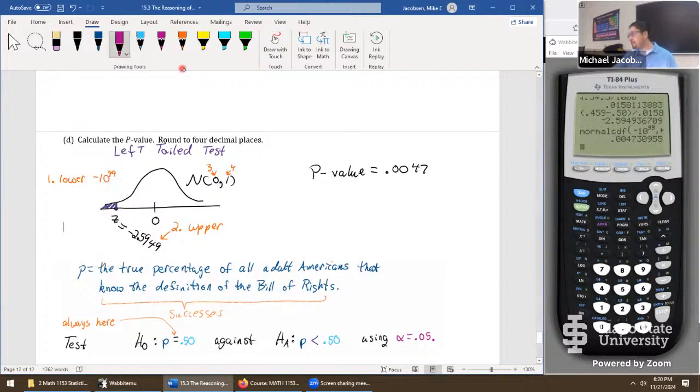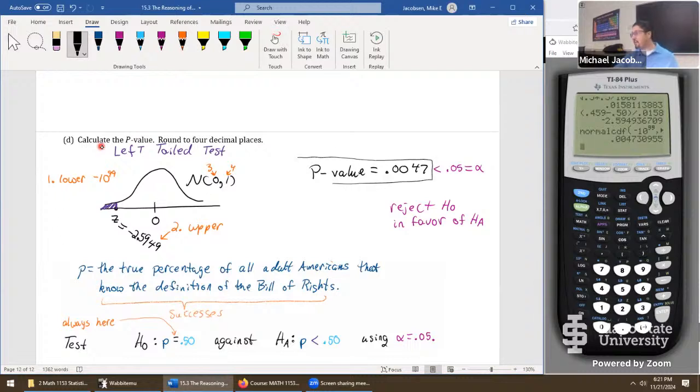That value we just found is less than alpha. Let me write it this way, less than 0.05, which is equal to alpha. And so this time we will reject H naught in favor of HA. This problem in part D just wanted the p-value, so let me put this in a box. That's all you really need to say.